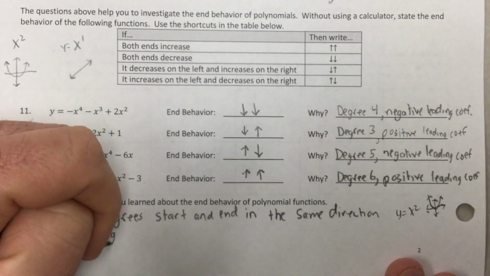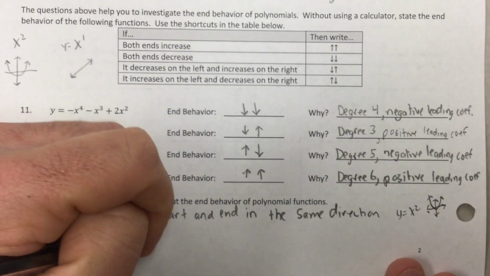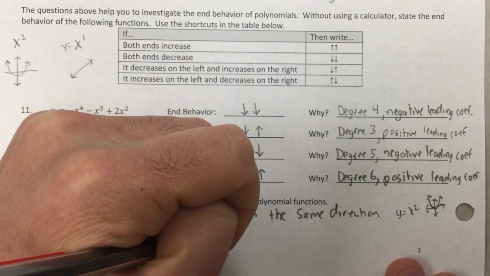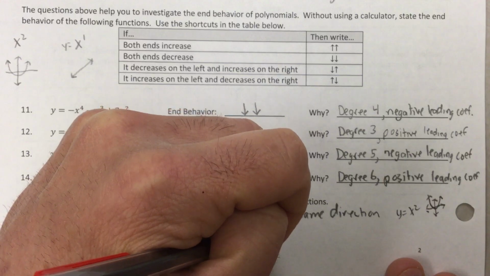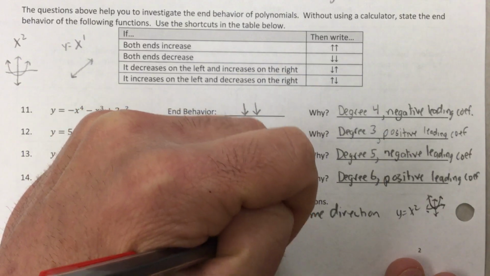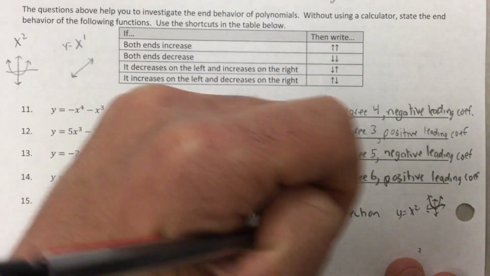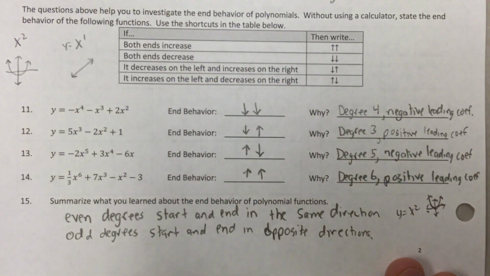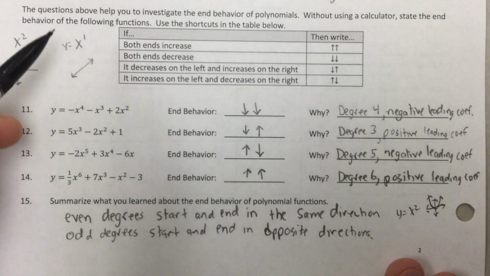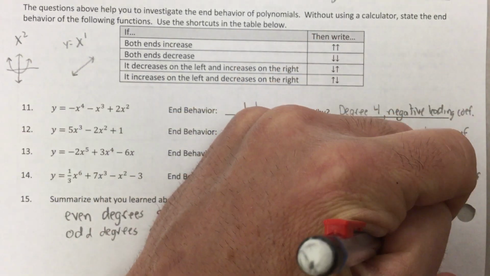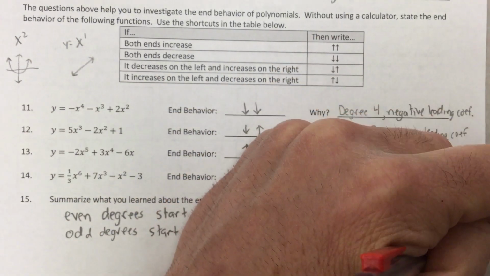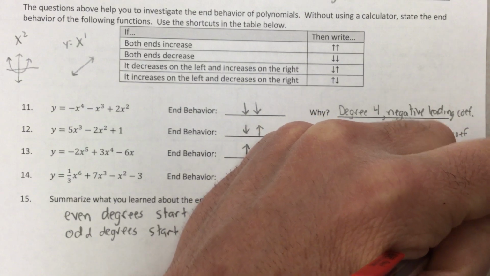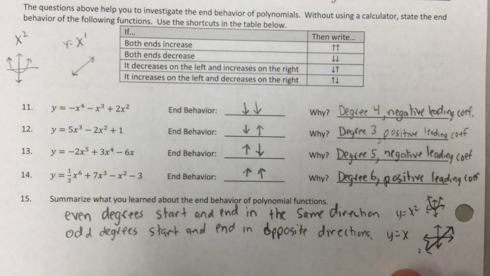Odd degrees start and end in different directions or opposite directions. So again, our example I use is y equals x. Starts negative, ends positive. Starts and ends opposite.